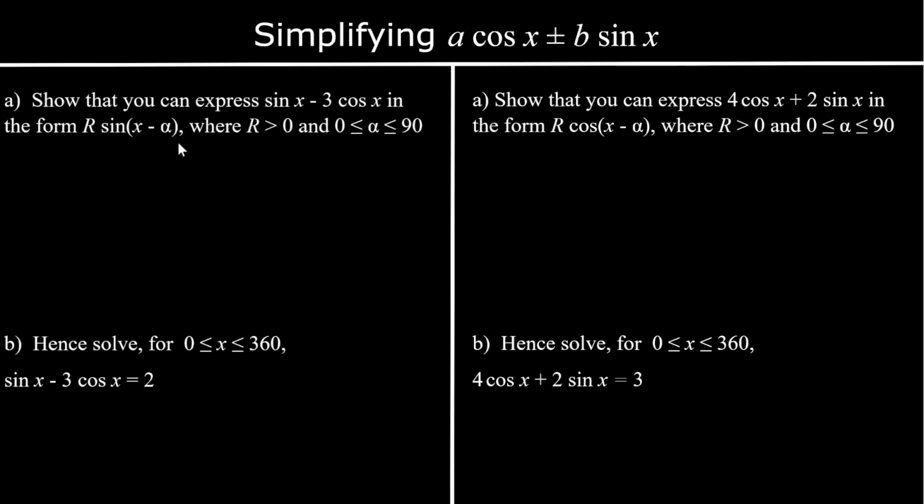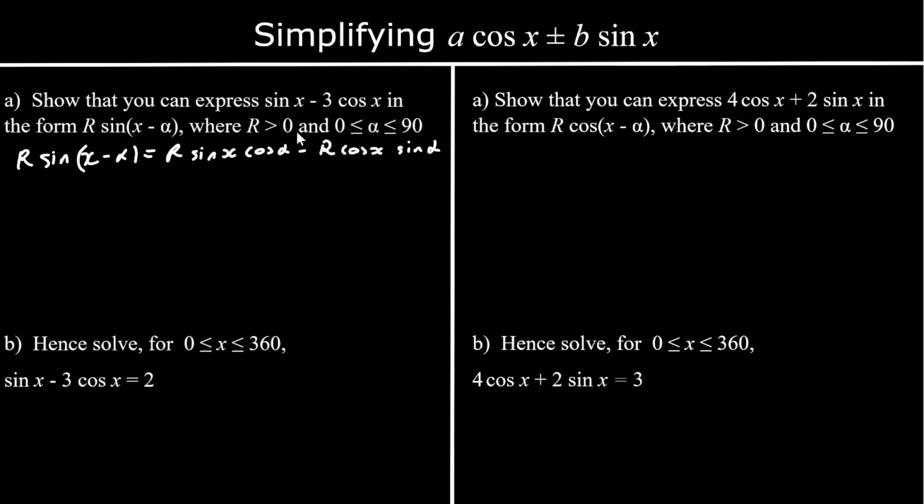It's sine a minus b. So it's r sine x minus alpha is equal to r sine x cos alpha minus r cos x sine alpha.